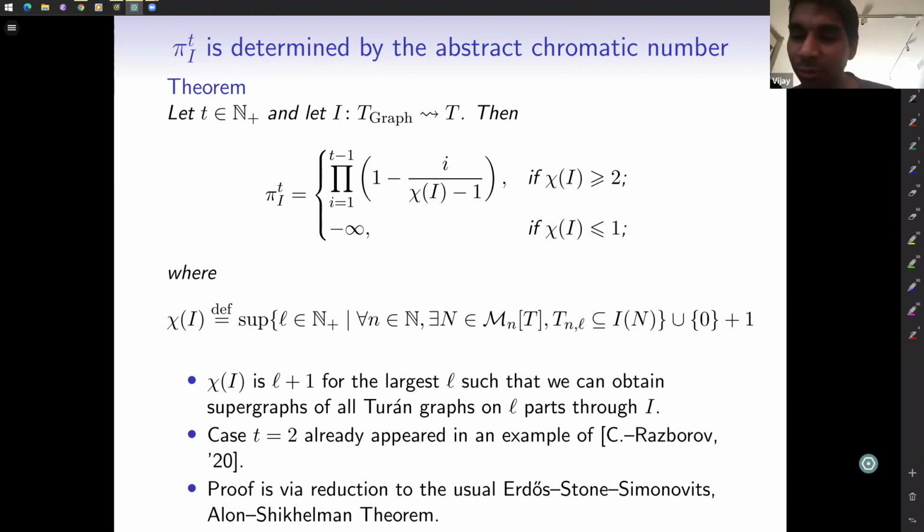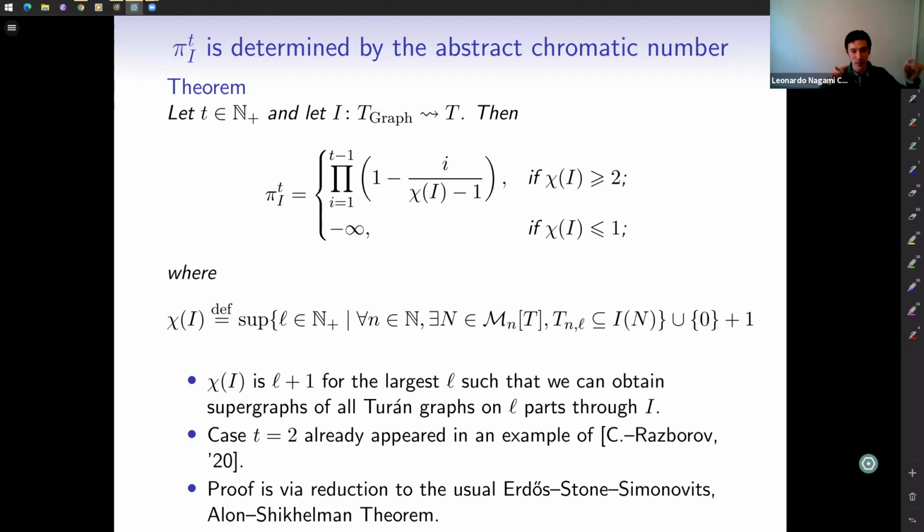Sorry, now, one question. Is it possible for you to state the definition of the usual chromatic number in this language of supergraphs of Turan graphs? Yes, but it takes a little bit of effort because here we are doing forbidden induced graphs. It's not entirely clear how the usual chromatic number comes from this.